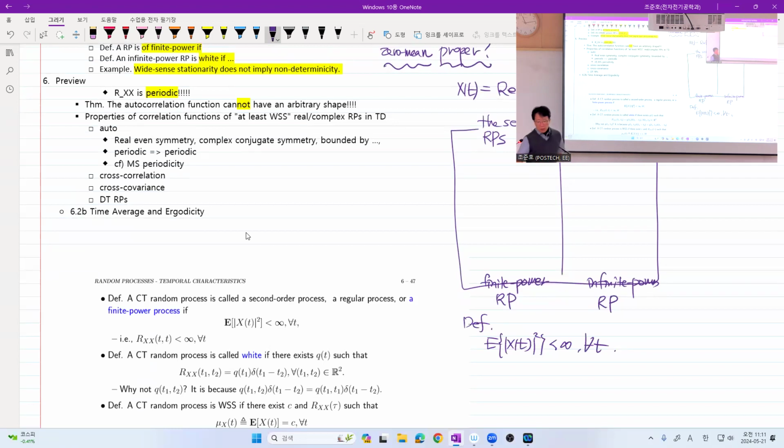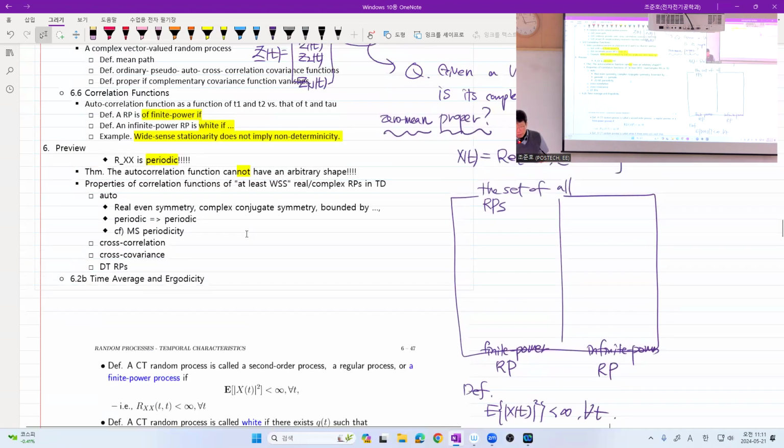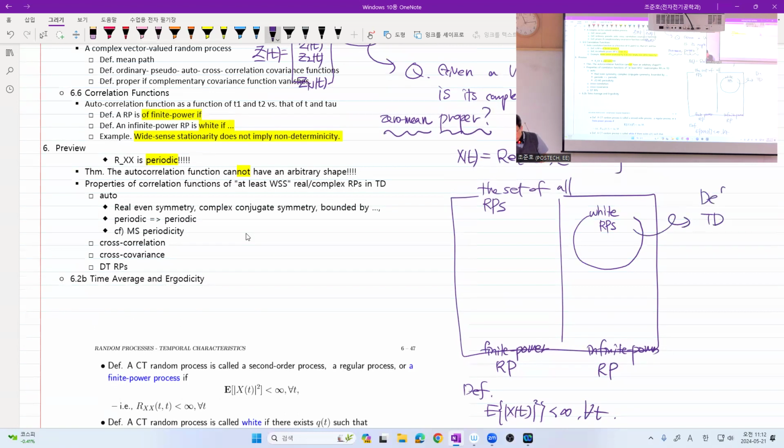And you may say, what's the use of this infinite power random process? There is a class of random processes called white random processes, where you have infinite power. And the definition in the time domain is very simple.